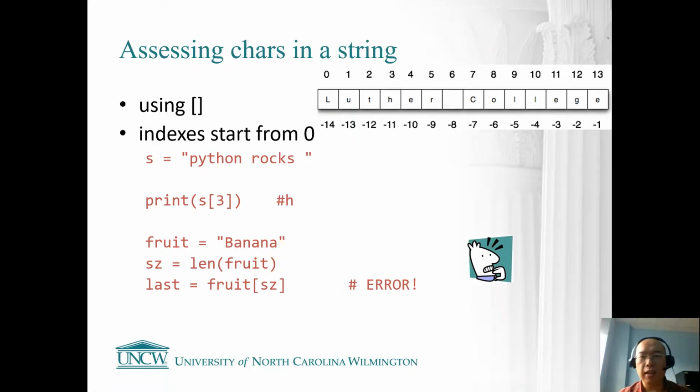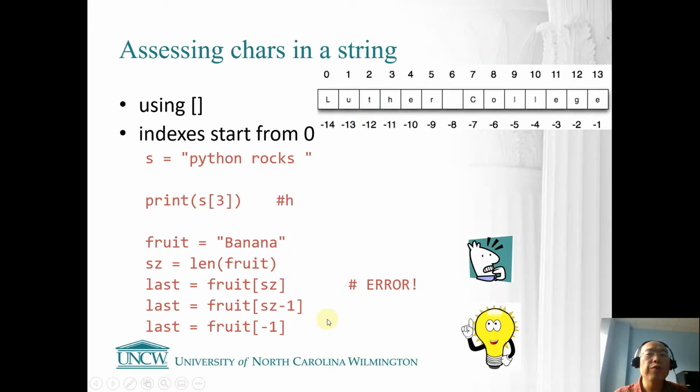For the banana, we have a total of 6 characters. But if you trace the indexes, that is from index 0 to index 5. However, what I'm doing here, I'm trying to get index 6. But there's no index 6. So I got an error, right? So how do we get the last character?